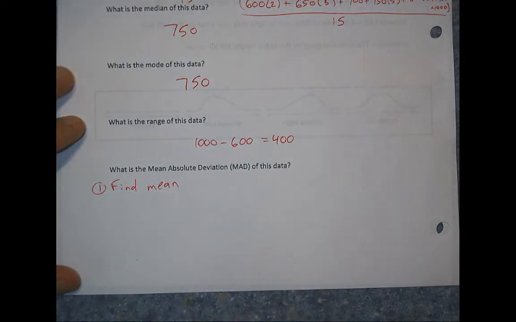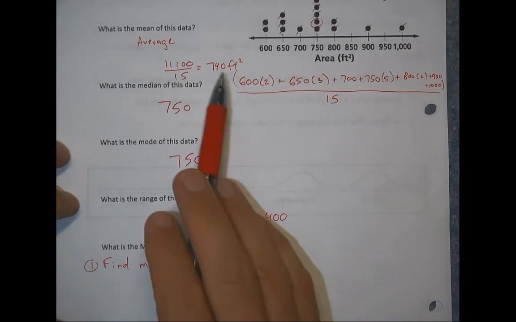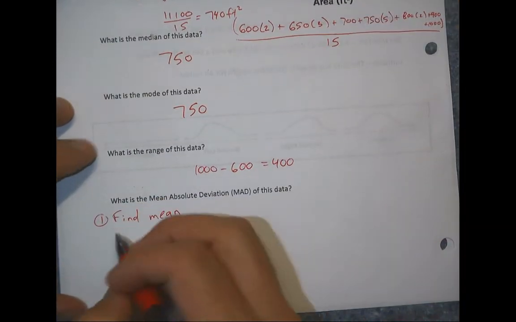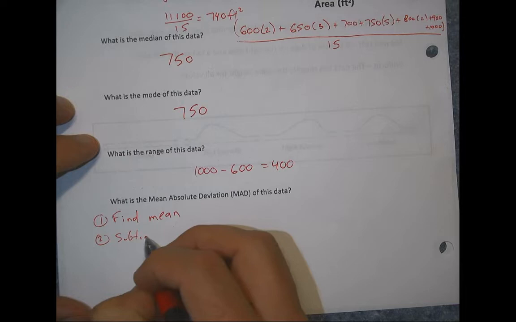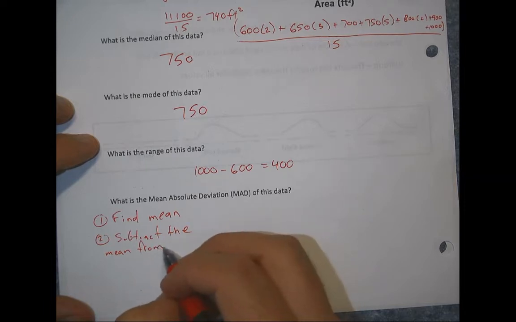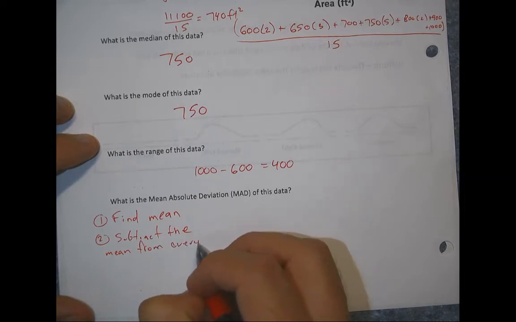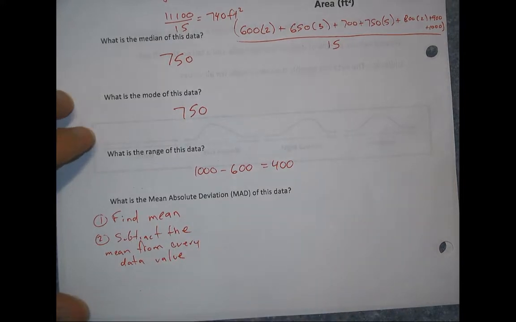Number one, you're going to find the mean, which we already did of this data. Okay, our mean was 740. Second step is you're going to subtract the mean, and this is the worst part. Subtract the mean from every piece of data. I'm going to say every data value. And that's tedious because there's 15 of them.